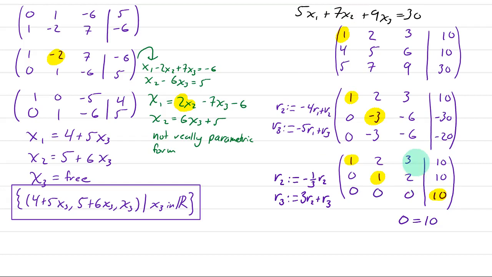Anyways, it looks like you might say that x3 is a free variable because there's no pivot there. But we say that inconsistent systems don't have free variables, and there's no way to write a solution set in parametric form because there are just no solutions in it. So we can just write it as no solution.